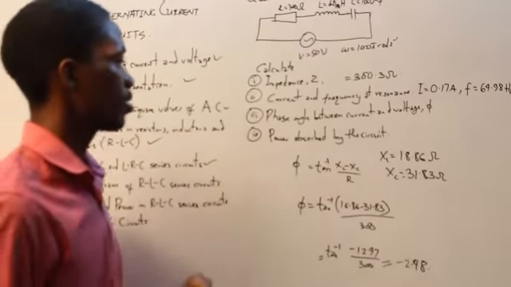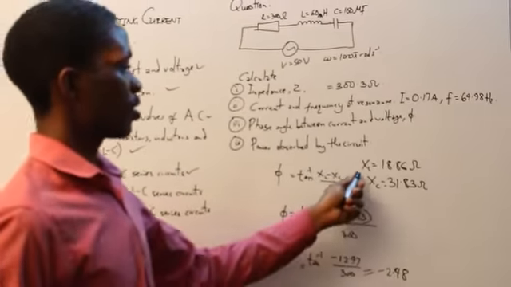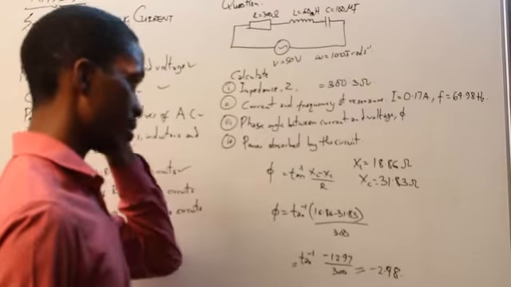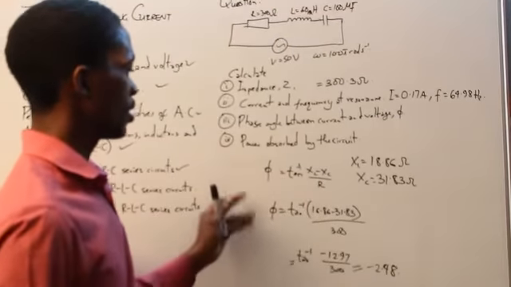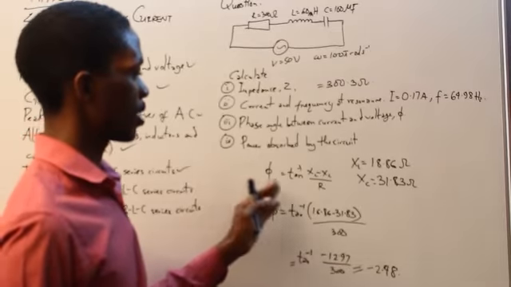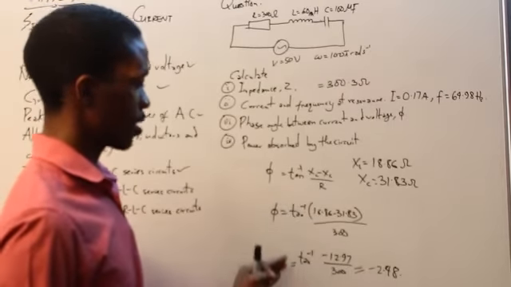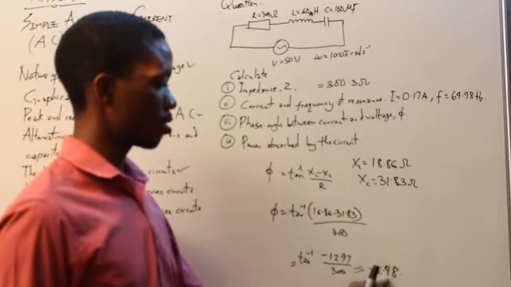Let's take it all over again. We have the calculated reactance of our inductor and reactance of our capacitor, then the phase angle formula written up here. Inserting our values into the formula and using our calculator, we get this.